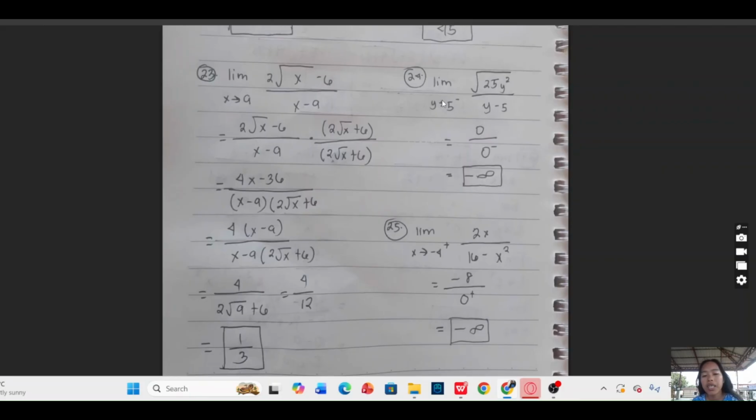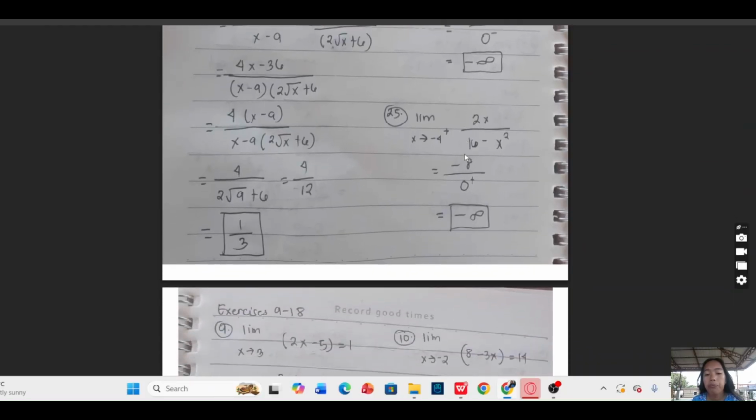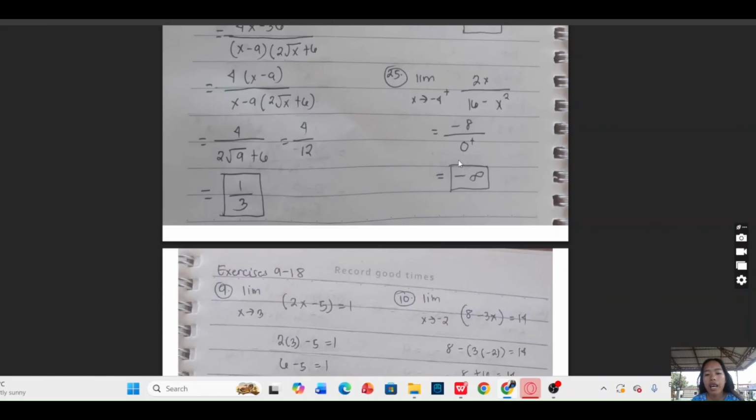So next is number 24: the limit of square root of 25y squared over y minus 5 as y approaches 5 from the left. That would be 0 over 0 negative, so our limit is negative infinity. Again, number 25: the limit of 2x over 16 minus x squared as x approaches -4 from the right.